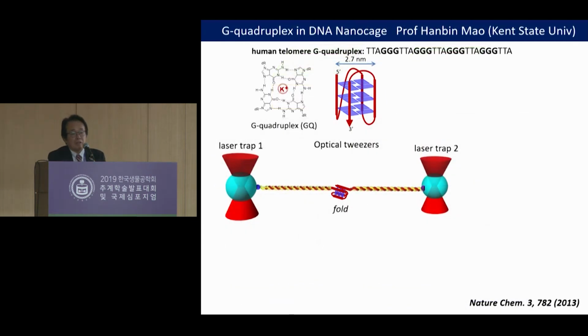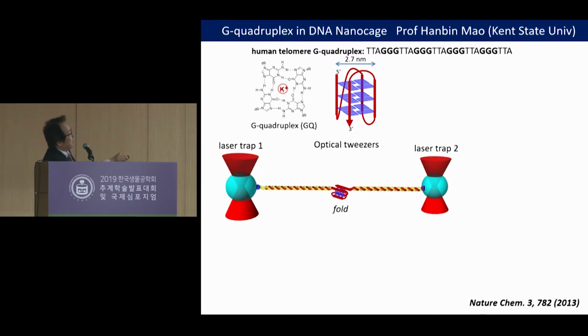And recently, our group also used DNA origami for a different purpose too. So this is a collaborative work with Professor Hanbin Mao at Kent State University. He is very good at the optical tweezers.